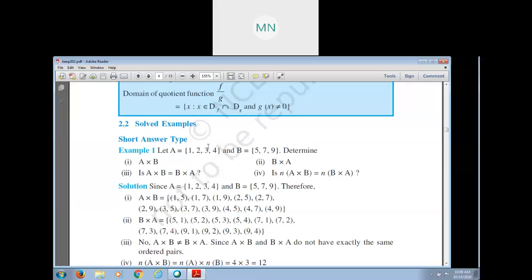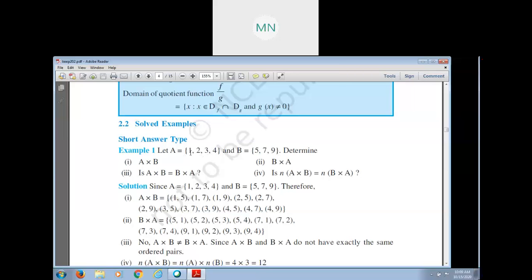So it will be what? 2 comma 5, 2 comma 7, and 2 comma 9. Similarly, we are done for 3 and 4 also.